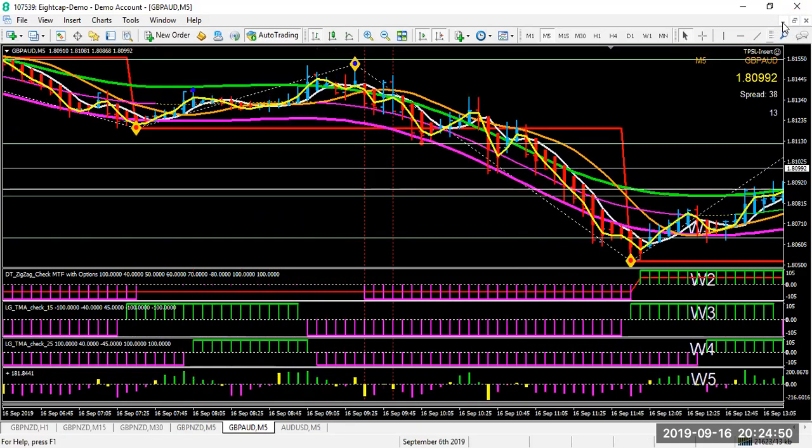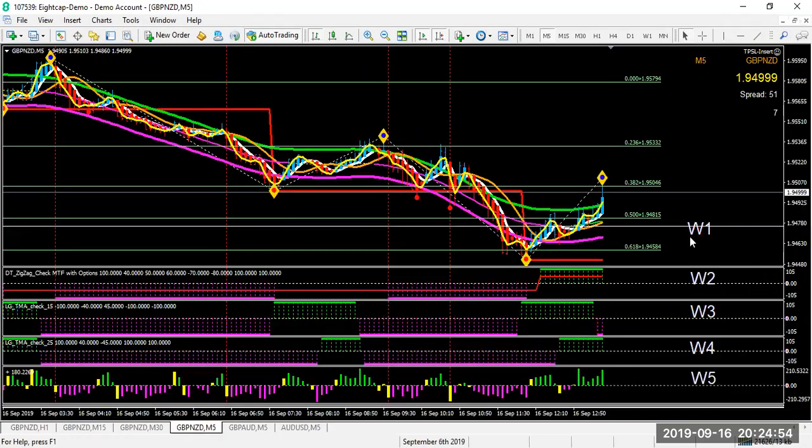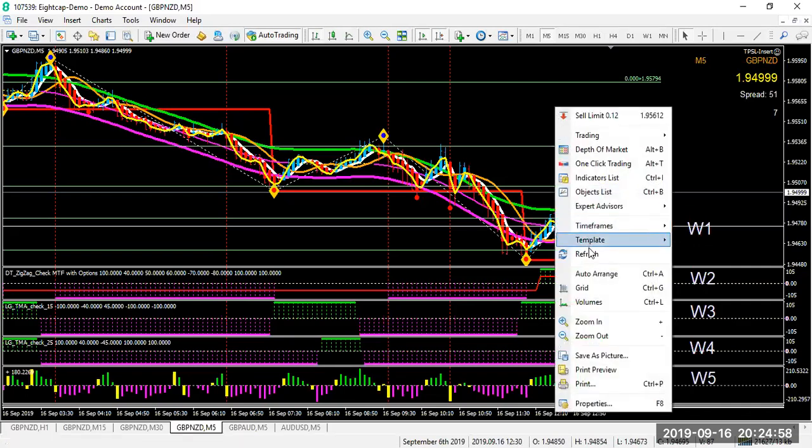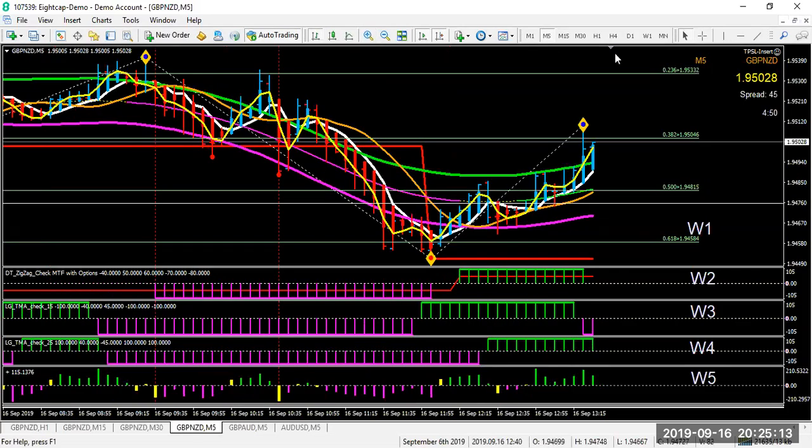Okay, so let's see this. Okay, so once again, I'll just refresh it to make sure that there was no blue vertical line. Okay, so the same thing here.